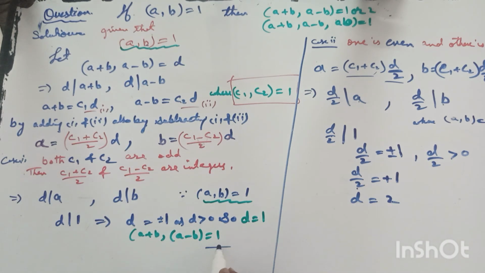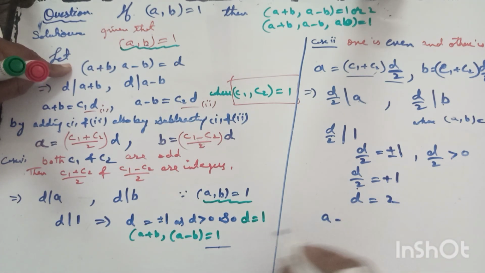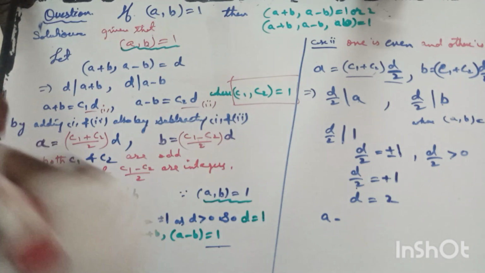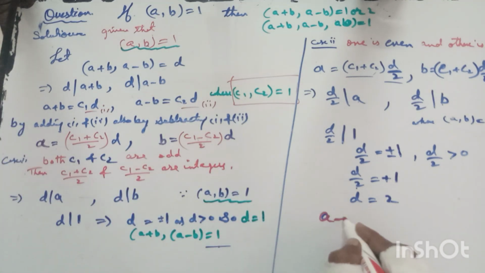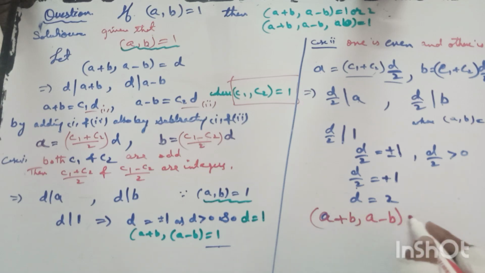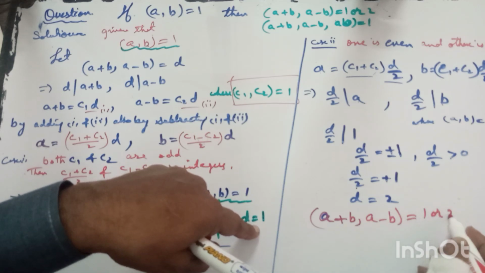If I join this result and this result, plugging in the value of d from here, d is equal to 1 and d is equal to 2. How can I write this equation? The GCD of A plus B and A minus B is equal to 1 or 2.